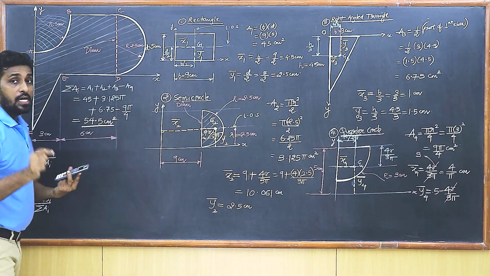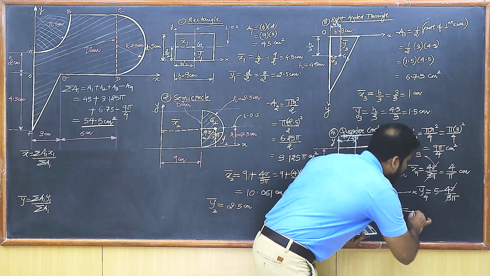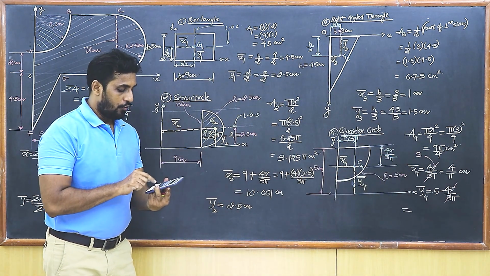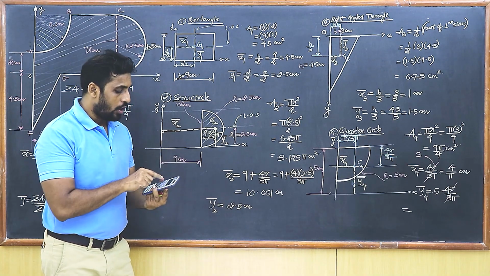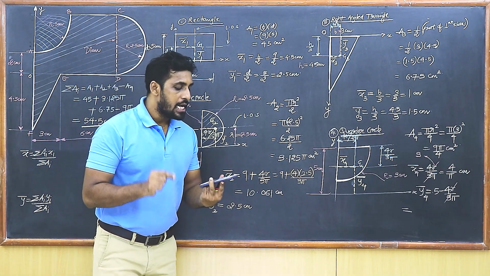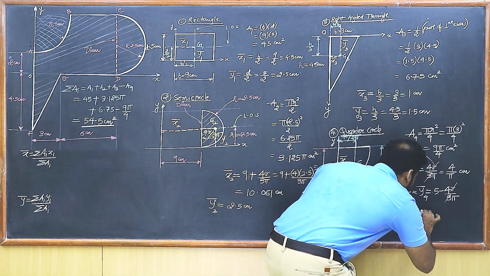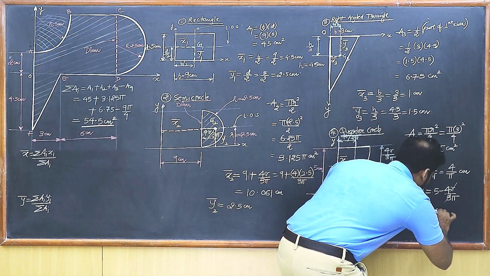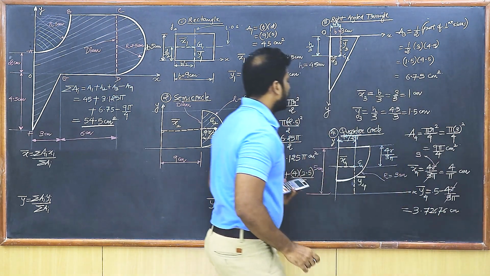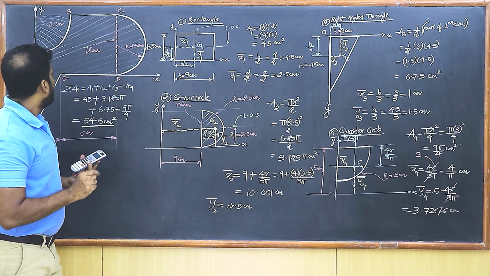That's the value of summation of AI. Let's get Y4 bar also, students. I need to do 5 minus 4 upon pi. My answer here comes out to be 3.72676. So I write here Y4 bar as 3.72676 centimeters.